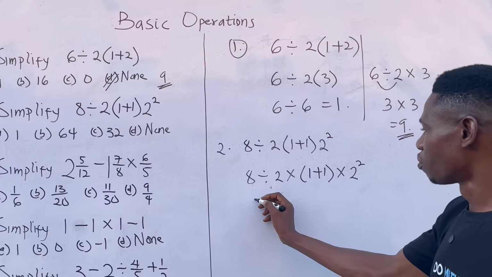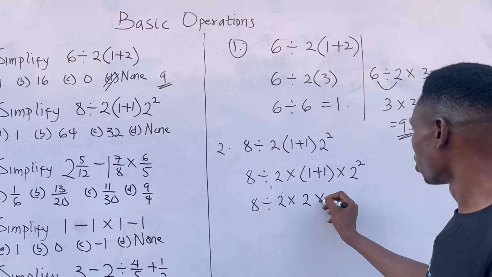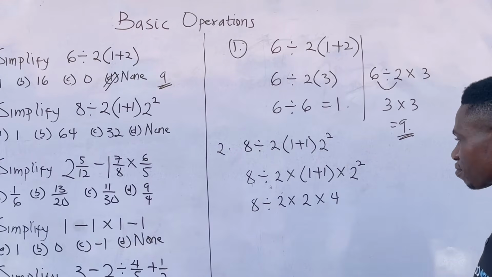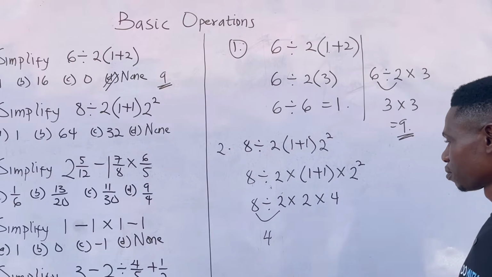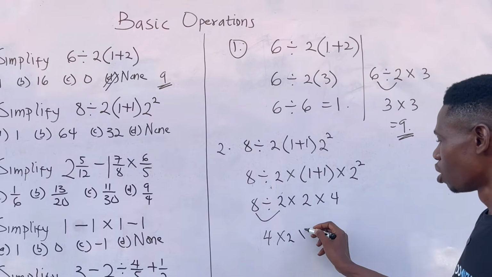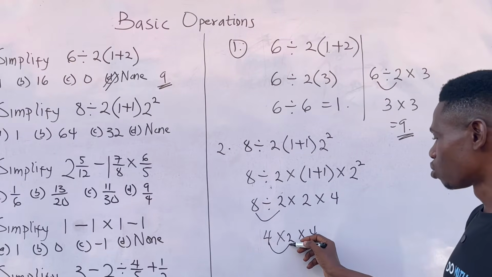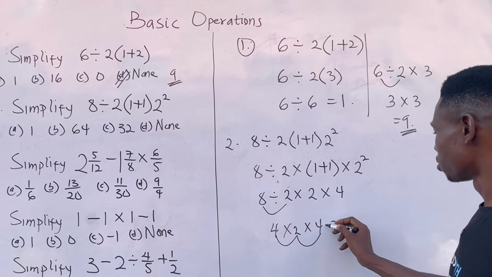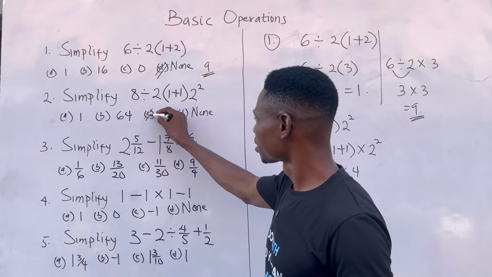Okay, so this will give us 8 divided by 2 multiplied by 2 multiplied by 2 square is 4. So 8 divided by 2 is 4 multiplied by 2 multiplied by 4. So 4 multiplied by 2 is 8. 8 multiplied by 4 is 32. So our answer is 32.